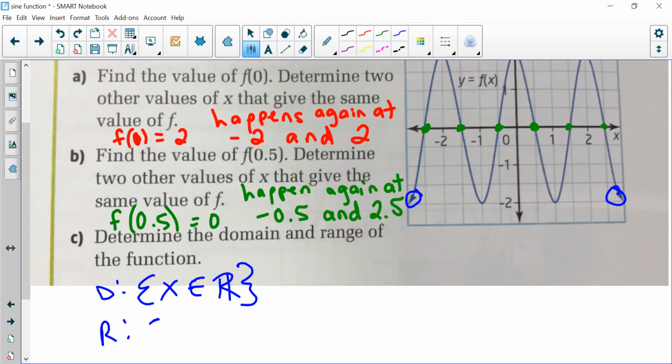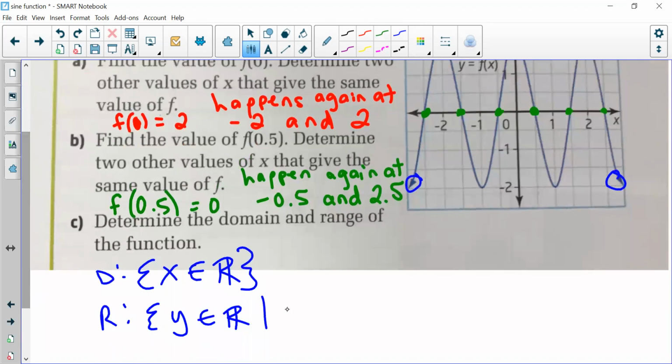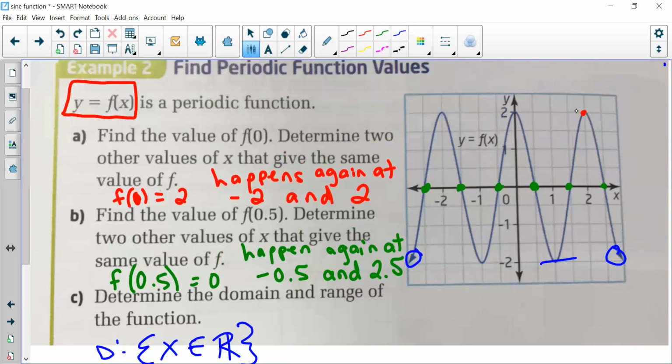And also you already started range. What's my limitations on Y? Good. Perfect. Very good, guys.